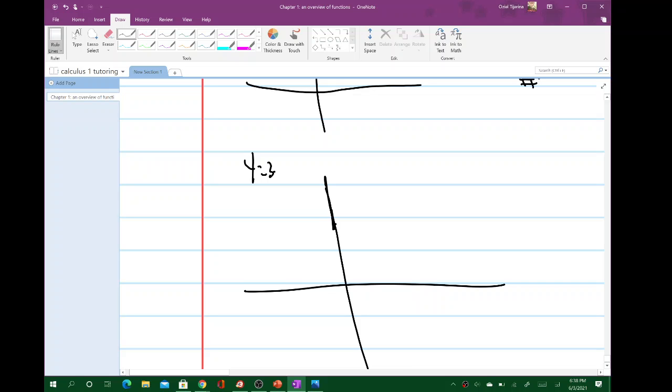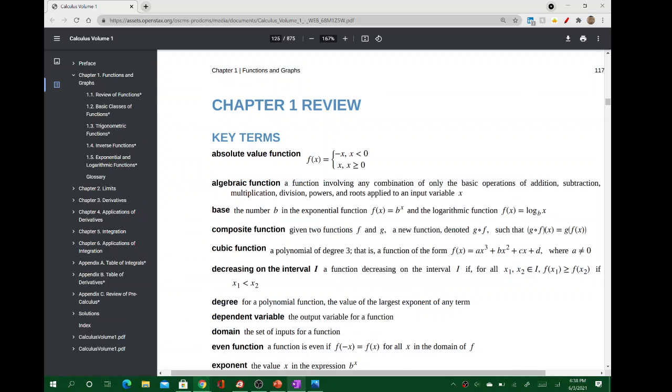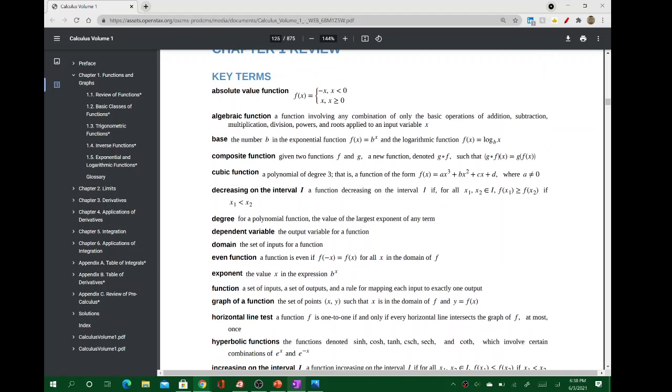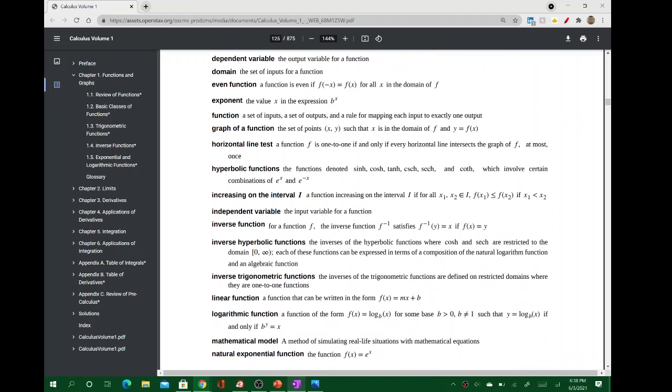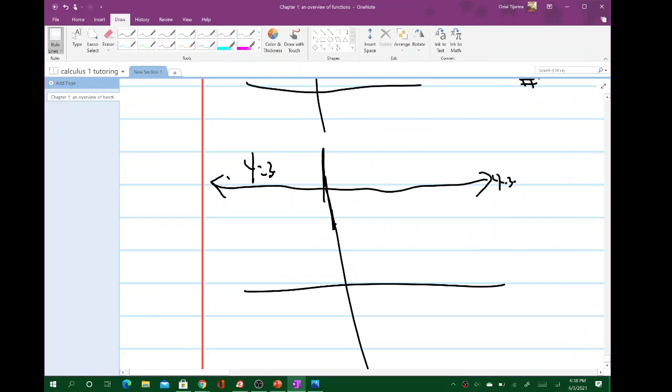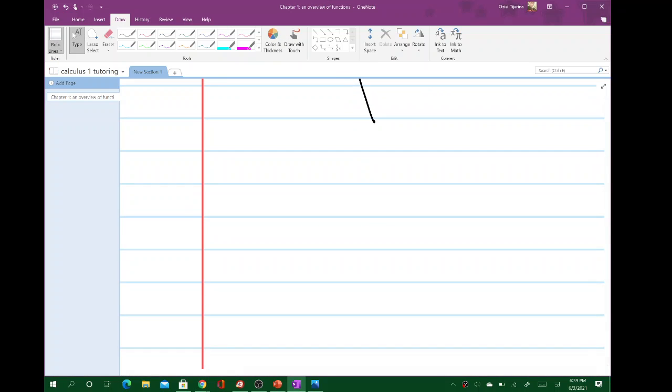This is at y equals 3, okay? And I believe that's it.